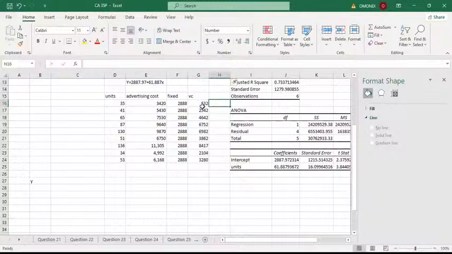Get all this. We have units, we have advertising cost, fixed and variable. That's what you need to do. The examiner can go ahead and give you the selling price per unit. Then they take you to CVP analysis. Come up with a chart to show us the break-even point for the fixed cost, for the variable cost, for the advertising costs.